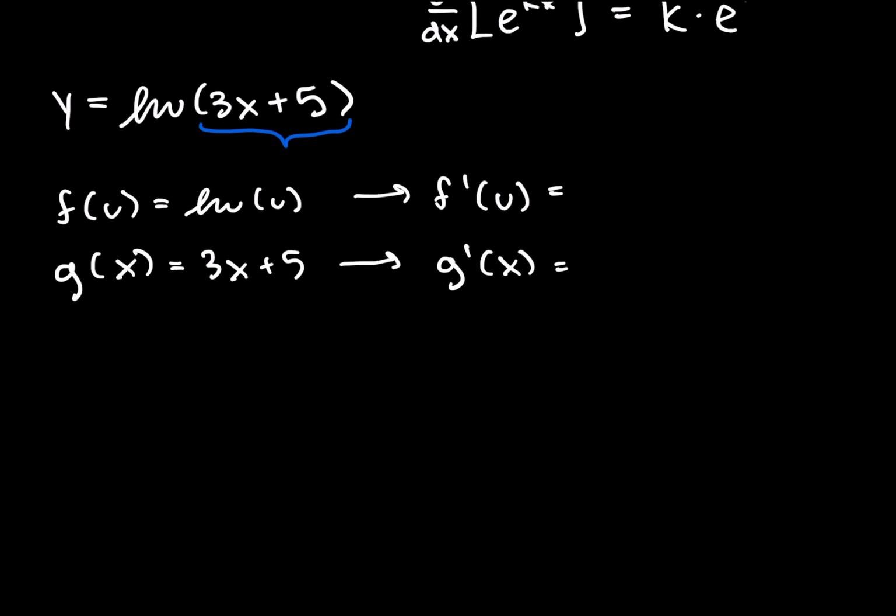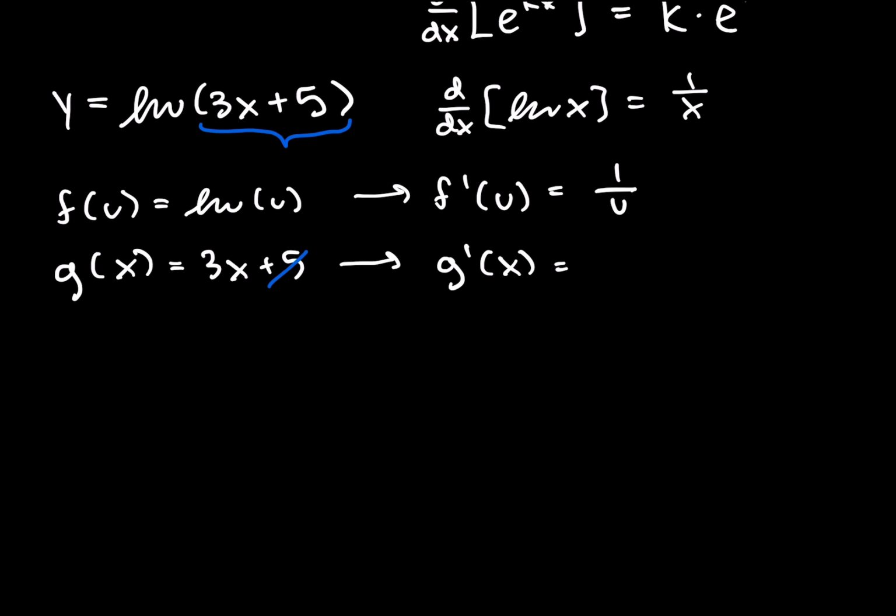These are basically just following our previous rules where we saw that d over dx of ln of x is equal to 1 over x. Again, this time we just replace the x's with u's, same thing. So our derivative will be 1 over u. And now g of x, we see a constant, which we can forget about because the derivative of a constant is 0.